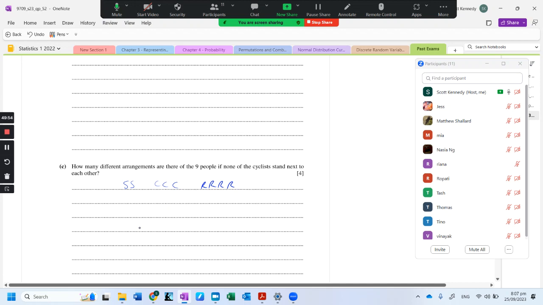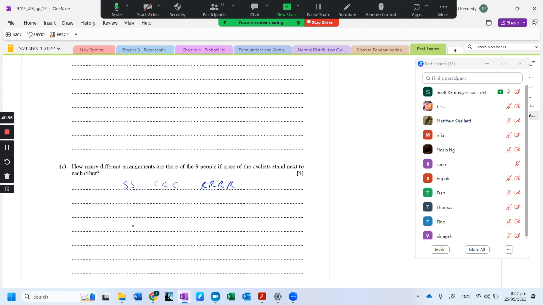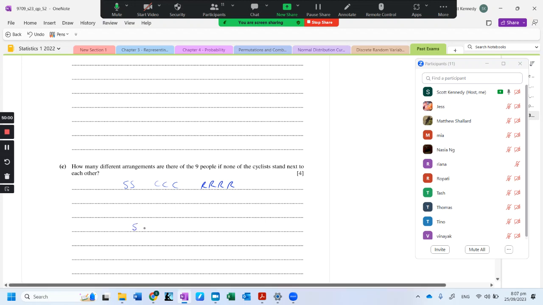So what we could do is think of the other people first. We've got swimmer, swimmer, runner, runner, runner, runner. And then there are different places that we can slot in the cyclists, because the cyclists don't want to stand next to each other for some reason.